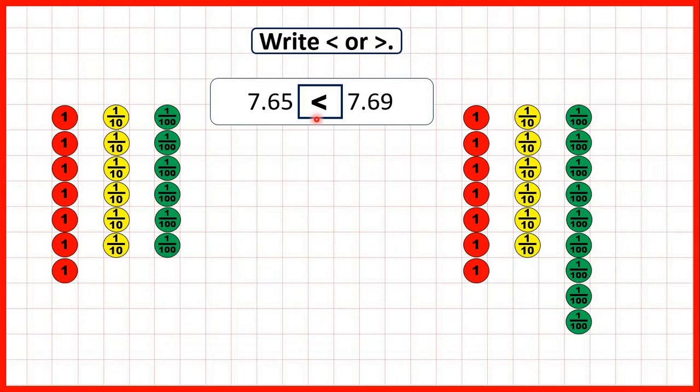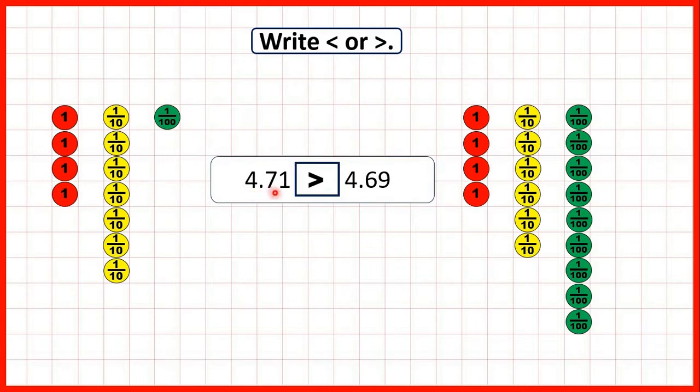We can show what we were comparing with place value counters. So 7.65 is smaller than 7.69 because 7.65 only has 5/100ths and 7.69 has 9/100ths. 4.71 is larger than 4.69 because both numbers have 4 ones, but because the first number has 7/10ths, that's larger than any number with only 6/10ths.